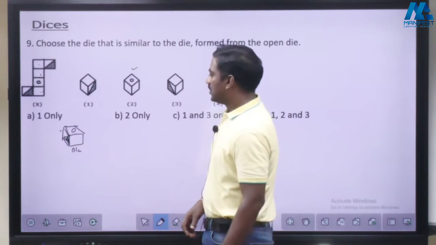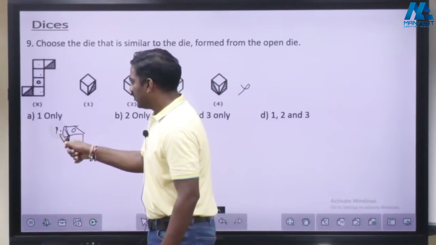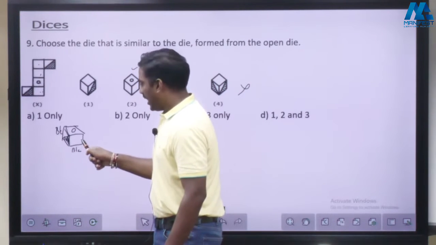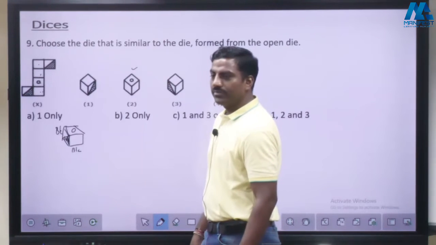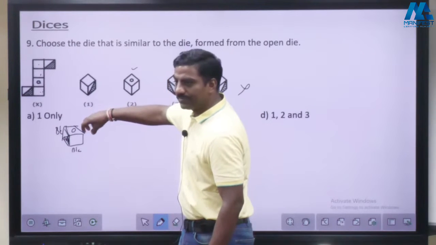Yes? Now, do what? Here, there is a blank. And in the bottom, there is a blank. And in the front, there is a blank. Okay? Now, you rotate it like this.